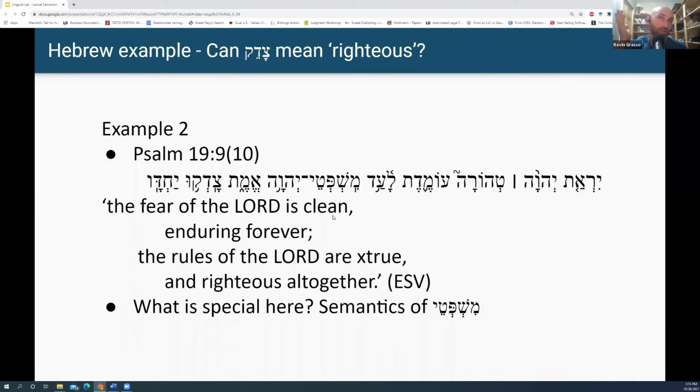This is a harder example, I think. The last line, tzadku yachdav. If you look at the translation, "the rules of the Lord are true and righteous altogether." With this translation, it's really hard to get the reading I'm talking about, the temporal reading, right?